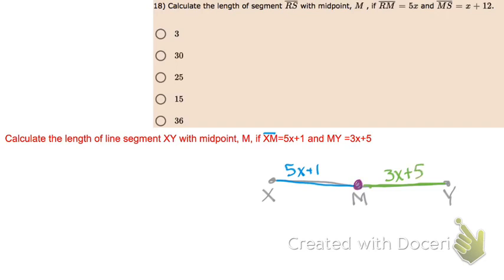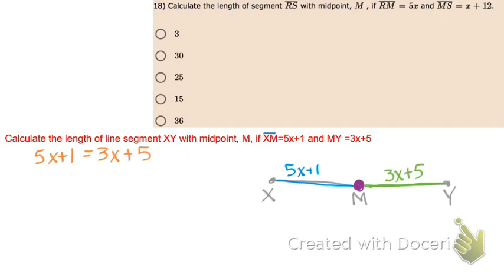And then again, this is the middle. So the middle divides that line segment into 2 equal pieces. So the blue line is the same as the green line. So you just set up that equation. The blue line, which is 5x plus 1, is equal to the green line. Okay.